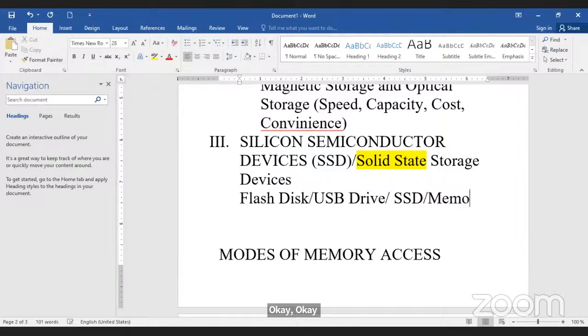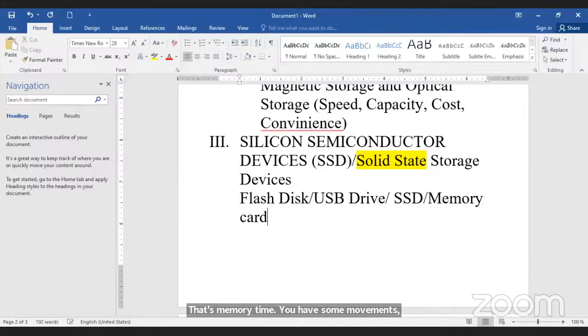Does a memory card have any movement? No. These are some of the examples of solid state storage devices.